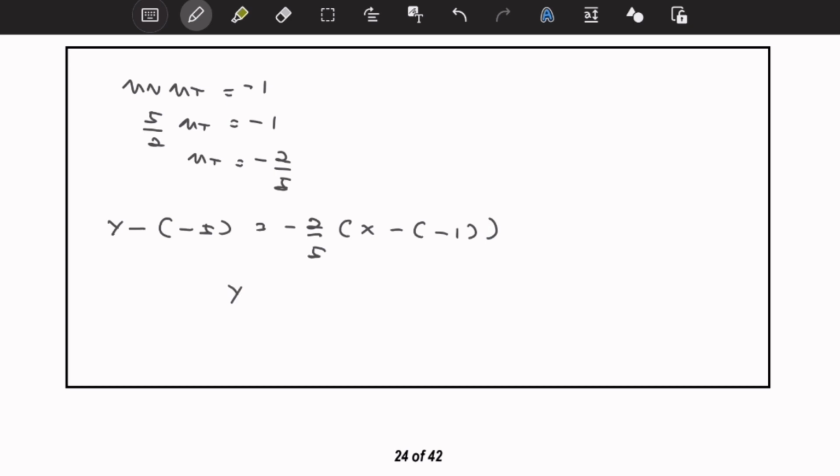So the equation is y equals -2/5 x minus 27/5. So this is our equation of the tangent.